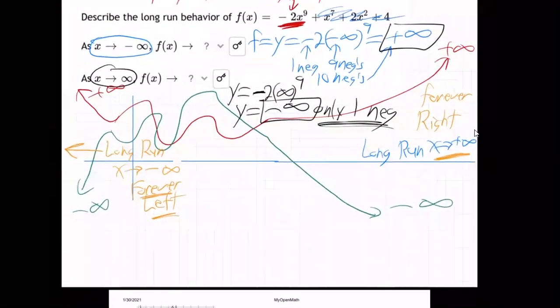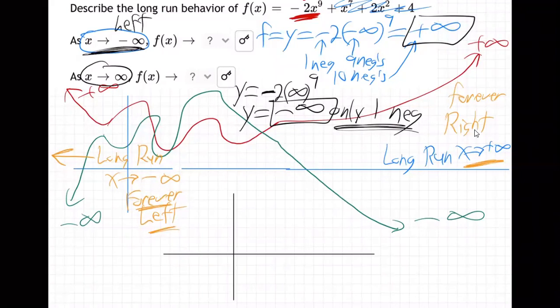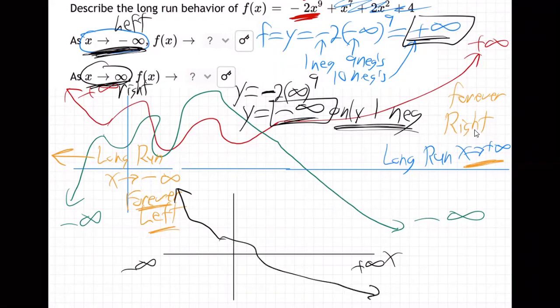So what have we learned about this? If we were to graph this thing, what does this graph do? Negative infinity means left, because remember, this is the x-axis. As x goes to negative infinity, as you go left forever, this goes up. So our graph is going to go up, up, up to the left. And as you go to positive infinity, that's right. As you go right forever, the graph's going down to negative infinity.